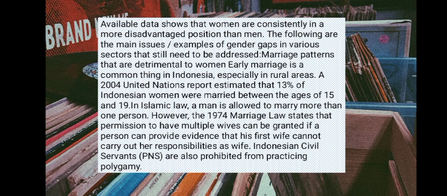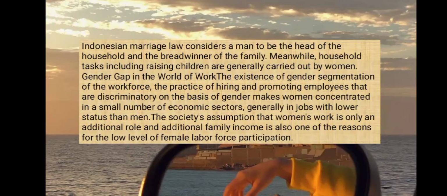In Indonesia, civil servants or PNS are also prohibited from practicing polygamy. Indonesian marriage law considers a man to be the head of the household and the breadwinner of the family. Meanwhile, household tasks including raising children are generally carried out by women.